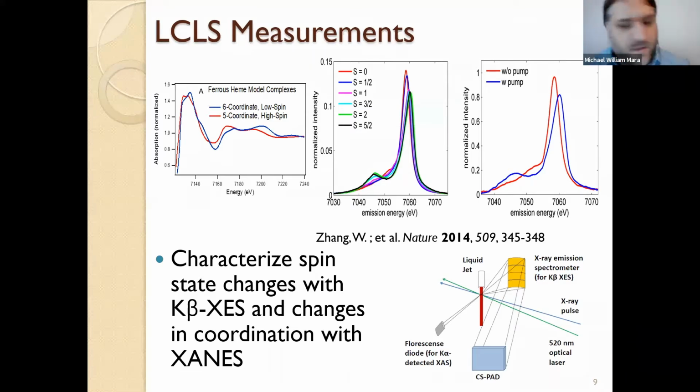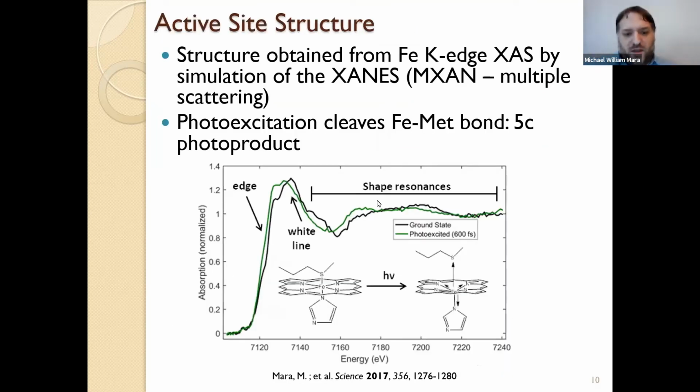You may recall a paper from 7 years ago now that tracked intermediate spin states in ferrous iron tris-bipyridine, basically trying to use the same sort of methodology now. And we'll go into the specifics of the Kbeta emission shortly. But we can start with the iron K-edge XAS.